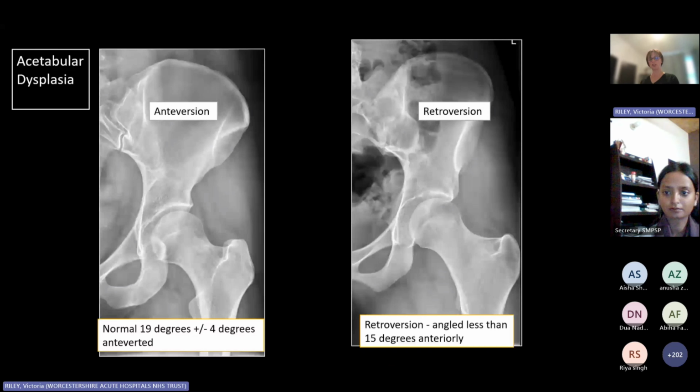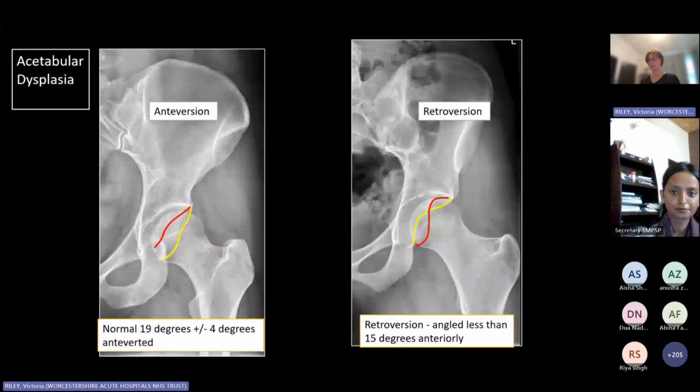So the patient should have a normal acetabulum, which is anteverted. If it's anteverted, it allows for hip flexion greater than extension. Now, our first radiograph, we were identifying the anterior and the posterior wall of our acetabulum. So we can see the yellow on our normal is the posterior wall, the red is our anterior wall.